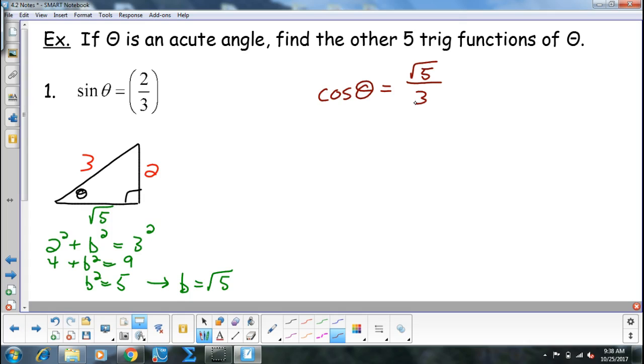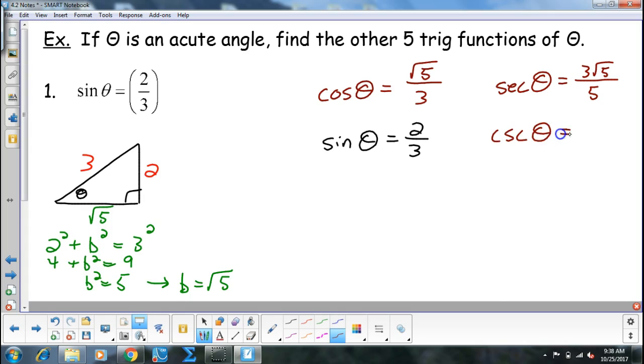Which means then that my secant is what? 3 over the square root of 5, which rationalizes into 3 square roots of 5 over 5. The sine of theta we already had, and that was 2/3, which then means the cosecant of theta is 3/2.